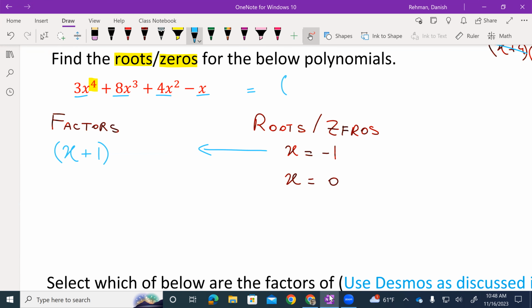So I'm claiming that I can put x plus 1 as a factor and then multiply it with something else. That something else, we can find using synthetic division or long division. And that gives me the concept of a factor. That multiple finally should end up equal to this polynomial, which we have over here.